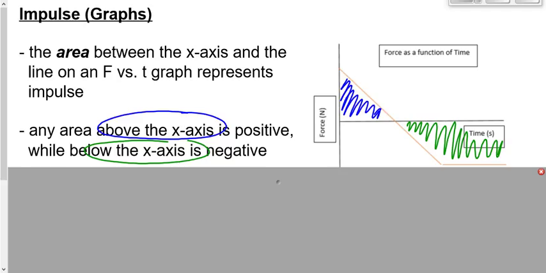So in this case, you would get a positive impulse as a result of the blue section, and you would get a negative impulse as a result of the green section, because, of course, above the x-axis is a positive force, which causes an increase in momentum. Below the x-axis is a negative force, which causes a decrease in momentum, or an increase in the opposite direction, which is still a negative impulse.